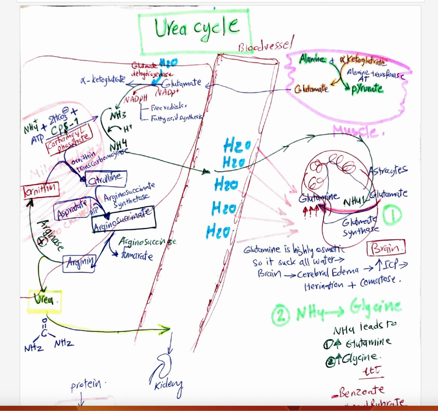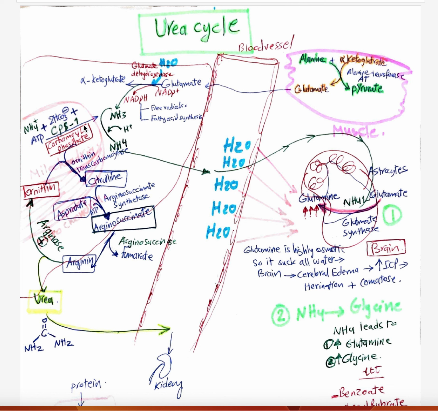The other information is that there is an important cofactor that activates the carbamyl phosphate synthetase enzyme, which is called N-acetyl glutamate.